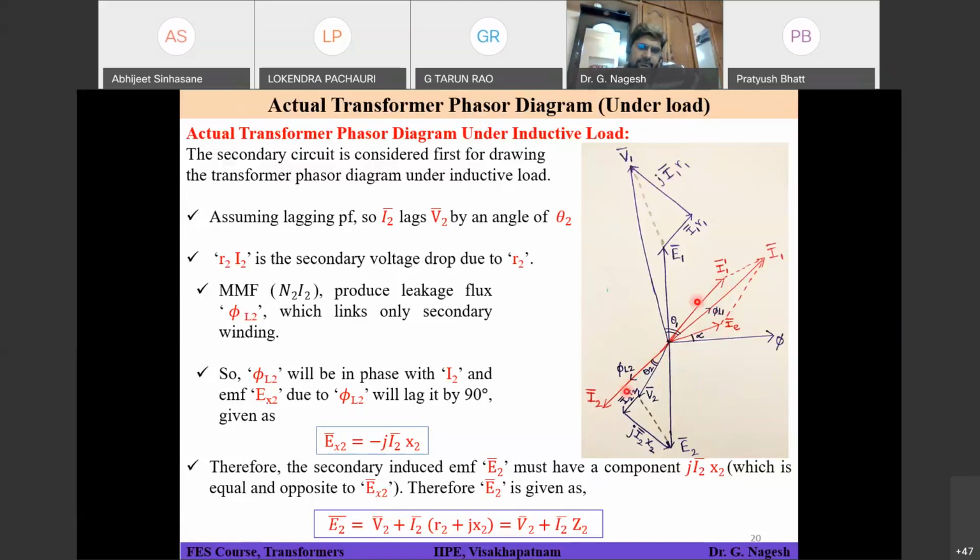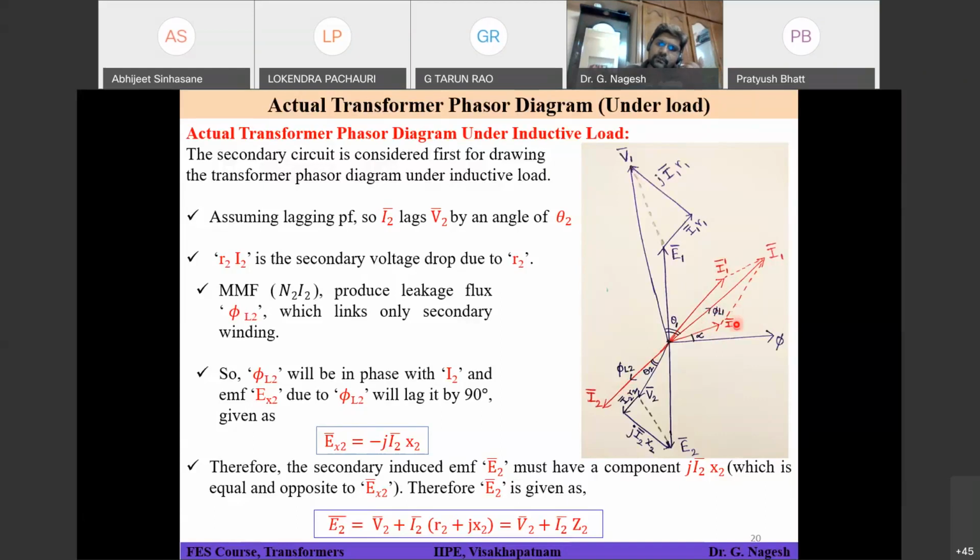I1 dash is coming because of I2, but the net current in the primary is the addition of these two, I1 dash and IE. From our analysis point of view, we are saying that IE is some quantity and I1 dash is some other quantity coming from the primary winding, but both are flowing in the primary winding only.